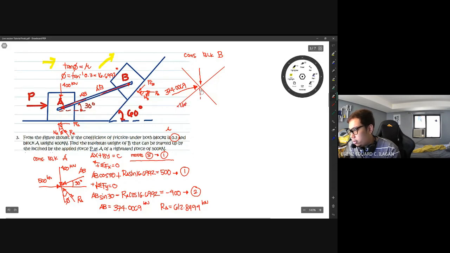So, ito 60. Ayan. Okay, so ito na lang. Ano yung magiging angle ni AB? So, knowing na ito ay 30 degrees. Ayan. Kung 30 degrees yan, ano kaya yung angle na nandun sa baba?